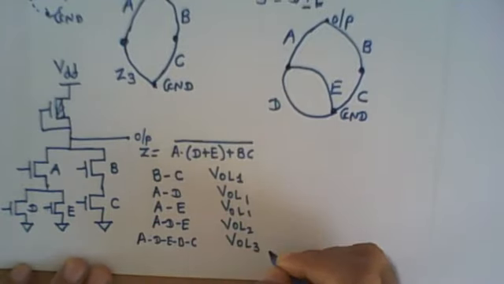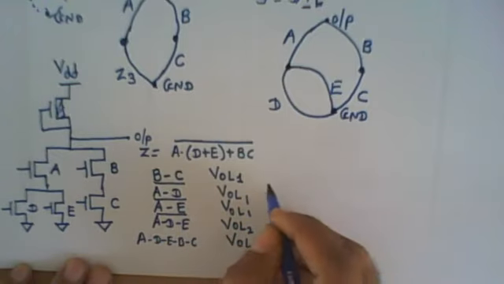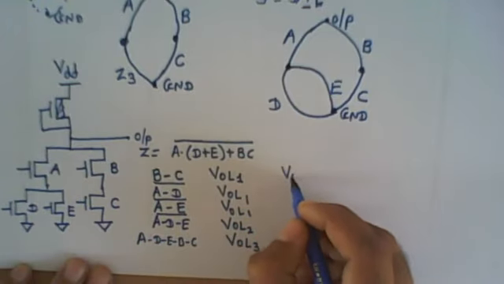Now we see what is the relationship of the different VOL values. When two MOSFETs are 1, either BC or AD or AE, then we get the VOL1 output.